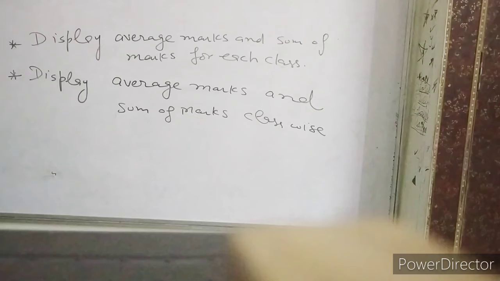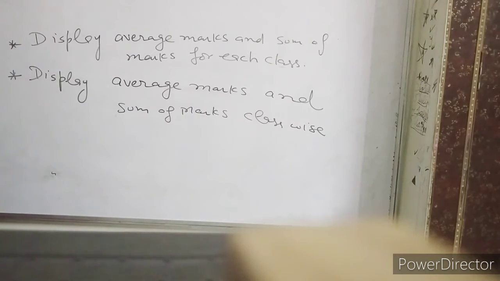It means you have to calculate average marks and sum of marks. These are my aggregates. At the last I have written class wise or each class. It means you have to calculate average and sum for 12th A and 12th B separately. Okay, how will I write this query?